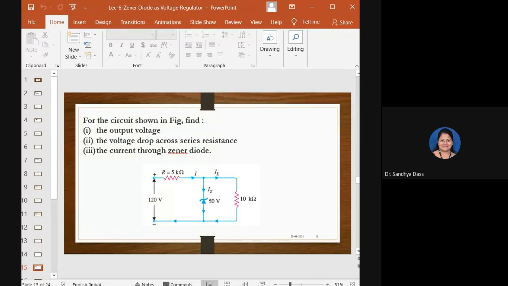Yeah, 14 milliamps, right? What about the output voltage? I asked everyone. Please respond here. I want your answers. What will be the output voltage? I gave you the hint: what you measure here at this output point or across RL.